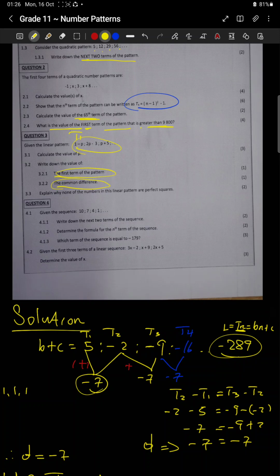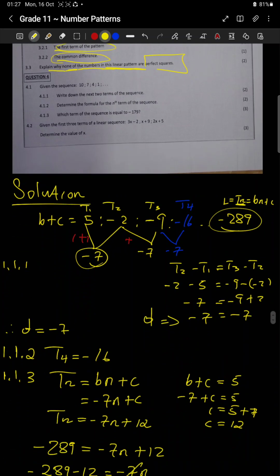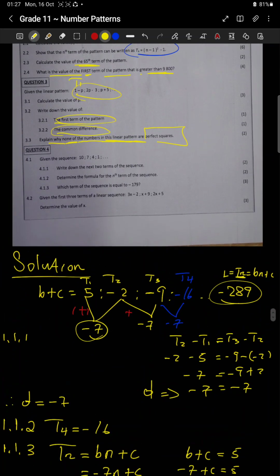The last one says explain why none of the numbers in this linear pattern are perfect squares. So we need to explain that part.